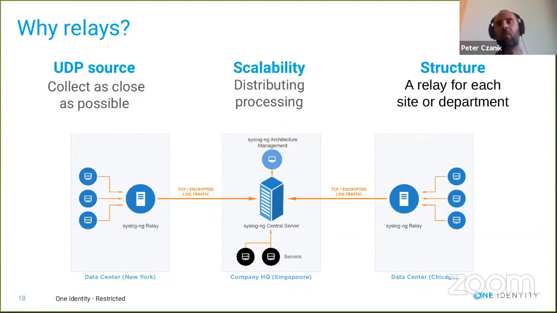It can be quite useful, for example, if you have your network down or the central server down for maintenance, as log messages are sent from the hosts even if the central server is unavailable.